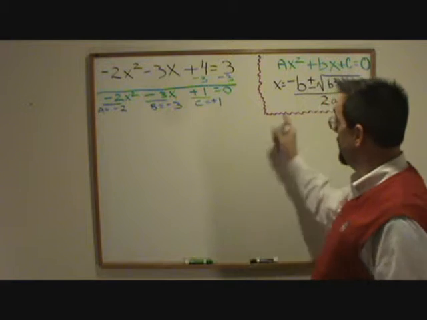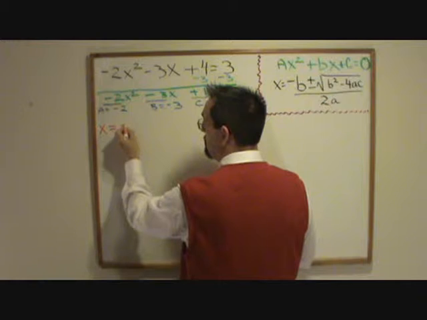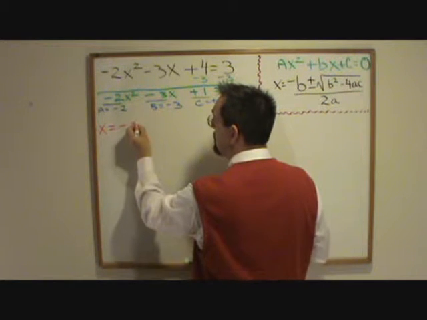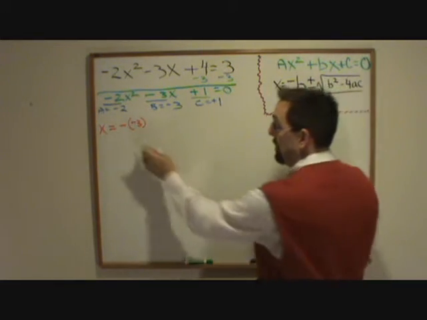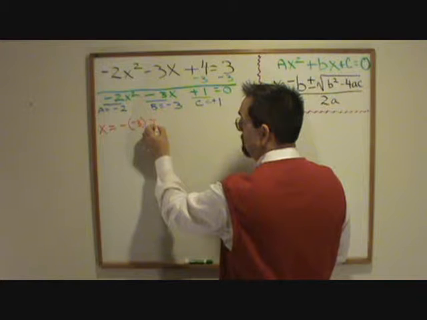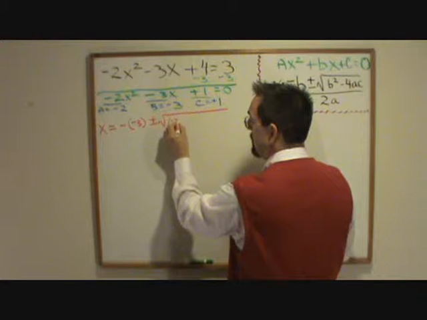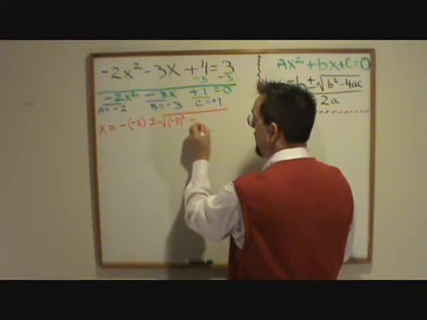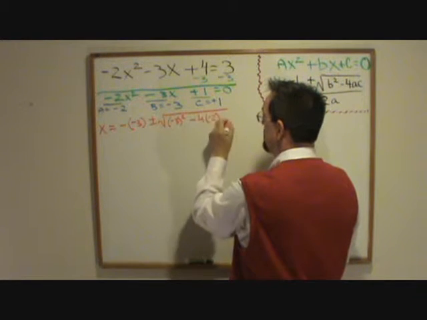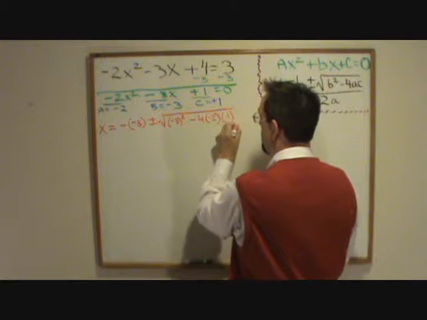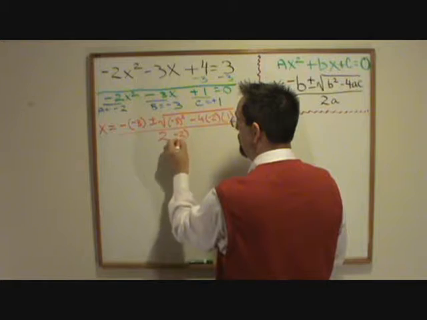Okay, let's actually write the quadratic formula. X equals minus B, minus a minus 3, and I always do this because this is one of those spots where a minus and a minus, plus or minus the square root of B squared minus 4a, minus 2, c, plus 1, all over 2a, minus 2.